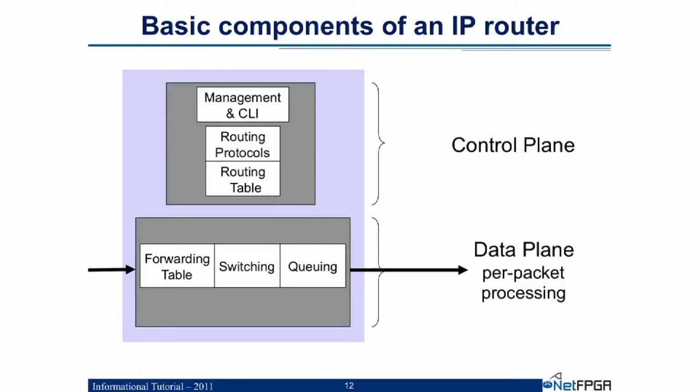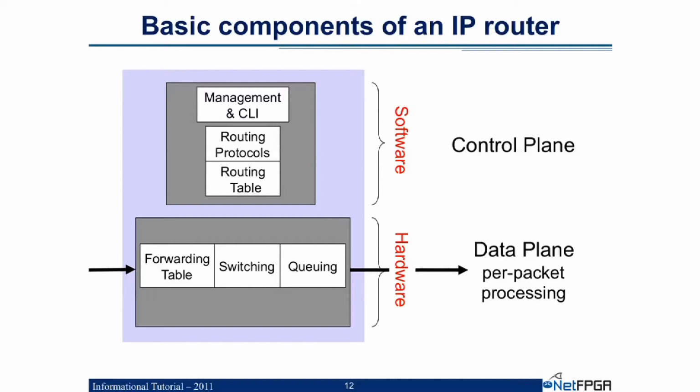The data plane must process every packet that passes through the router. The speed of the router is determined by how fast it can process packets, and the operations performed are relatively simple and uniform. As a result, the forwarding plane is usually implemented in hardware. The control plane operates at a much slower timescale than the data plane. Routing updates occur relatively infrequently, since the topology is relatively static, and management operations by administrators occur on human timescales.